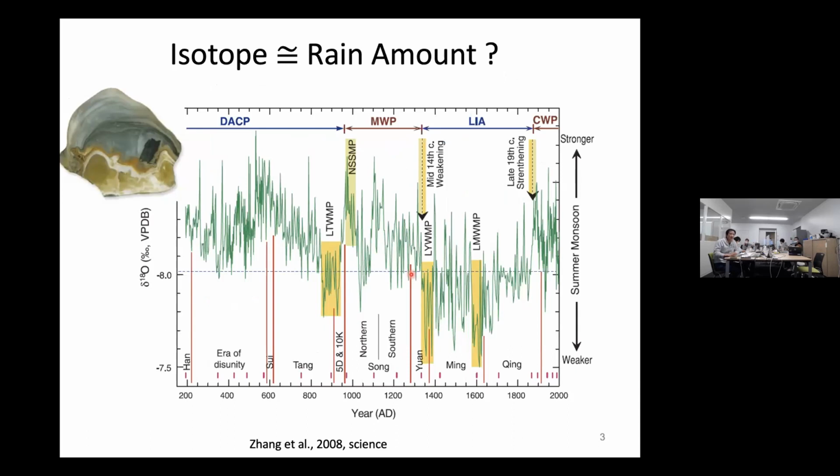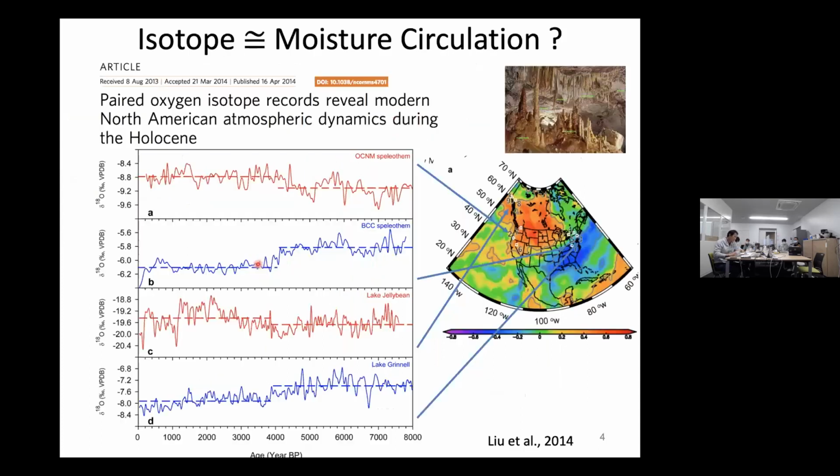We translate this information into rainfall activity or the intensity of the summer monsoon, and then we use this information for things such as civilization studies.